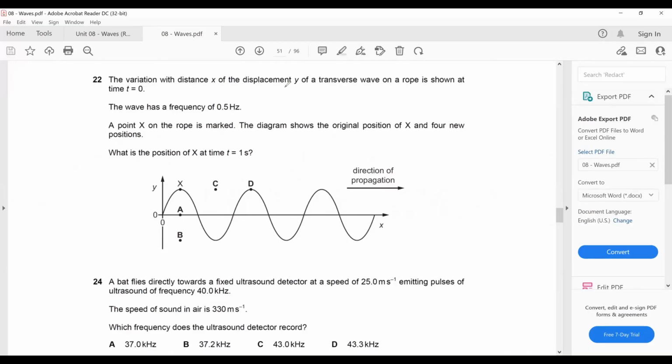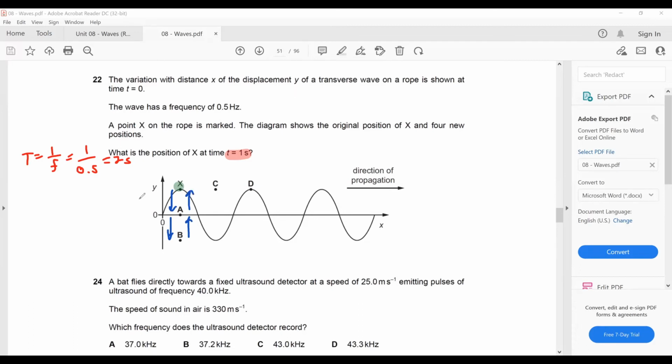So right now they want you to find out what the position is at t equals 1 second. Just now I mentioned to you, period is 1 over f, which is 1 over 0.5, equal to 2 seconds. So for particle X, it can be divided into 4 distinct motions that give you one oscillation. One going down like this, one going down like this, another going up, and going up, right?